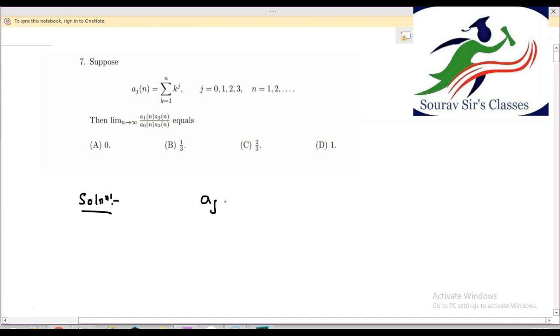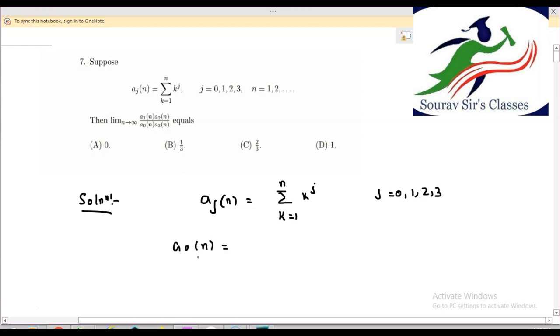Ajn is equal to summation k equal to 1 to n of k to the power j, right? j equal to 0, 1, 2, 3. Now let us start with a0n.